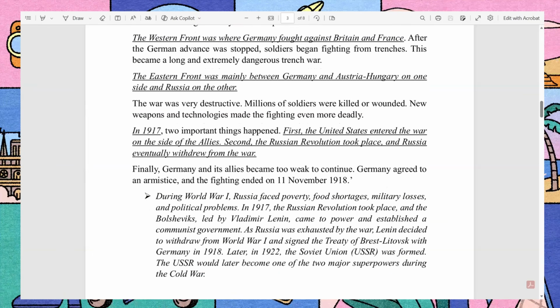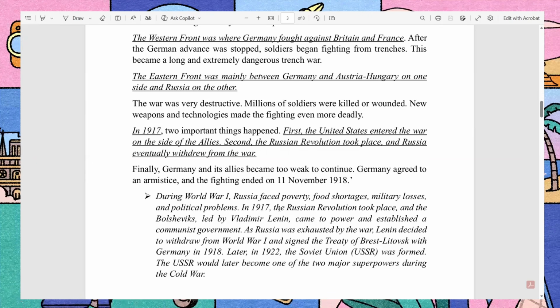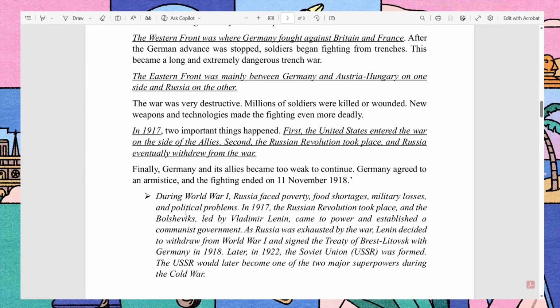Let us kindly remember, during World War One, Russia faced poverty, food shortages, military losses, and political problems. So in 1917, the Russian Revolution took place and the Bolsheviks, led by Vladimir Lenin, came to power and established a communist government.